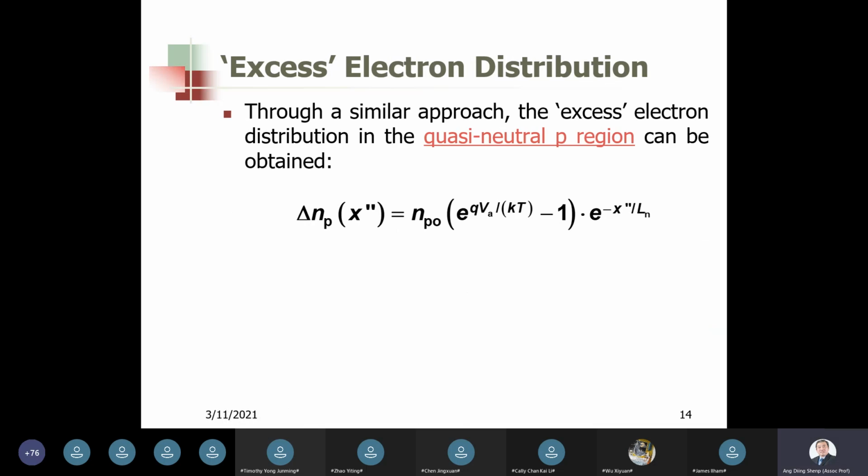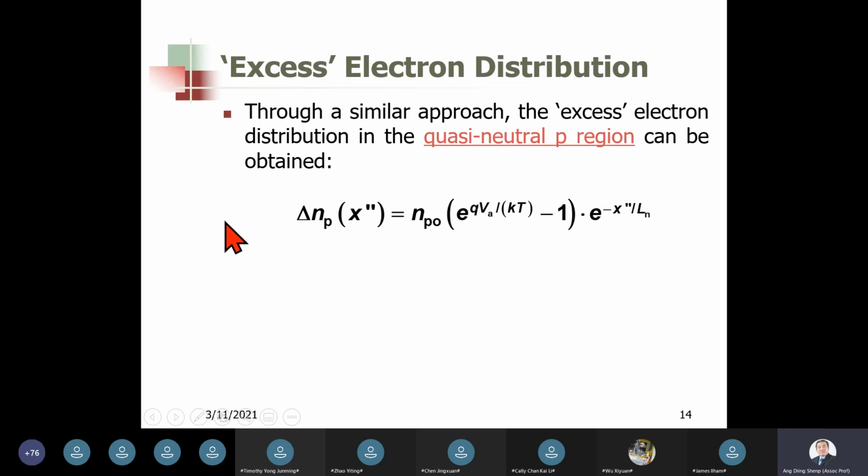Now, if we repeat this exercise on the quasi-neutral P region to determine the excess electron concentration as a function of distance, this will be the solution. You're encouraged to try it out on your own. The steps involved are very similar and the assumptions involved are the same.